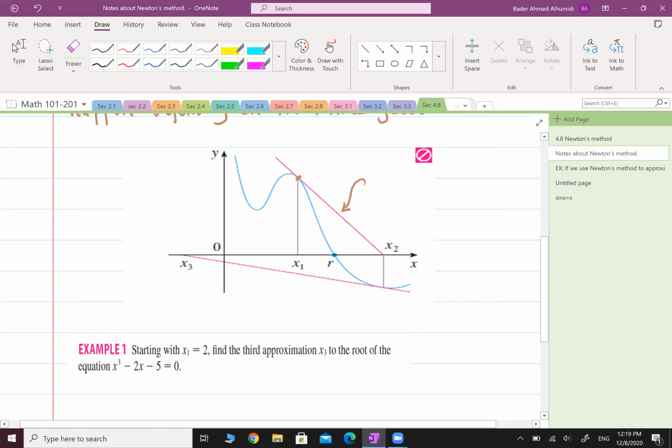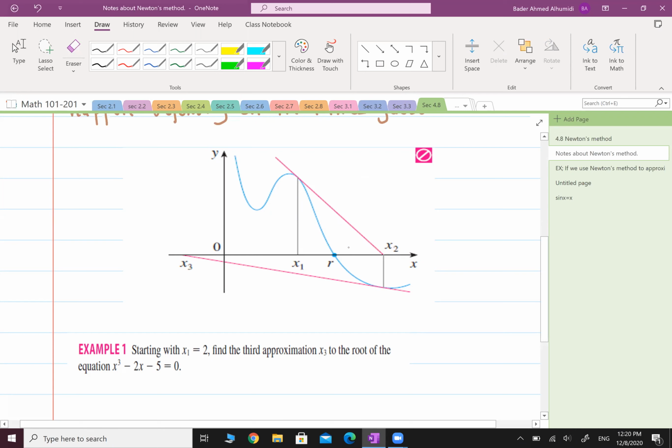And we will take its intercept as the second iteration, the second point of approximation x2. The question for you now: which one is closer to the root, x1 or x2? x1. x1 is closer to the root R, isn't it? This distance here is much smaller than the second distance.